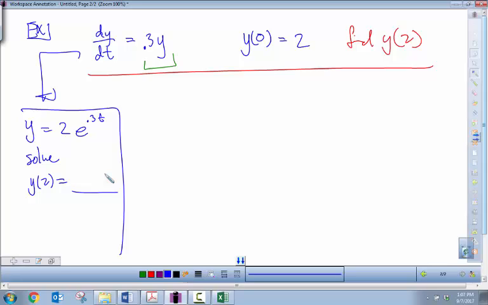But let's go through the process of Euler's method to see if we can get to this point in a reasonable number of steps. So we need an h. h is going to be the step size we're taking. We're going from x equal to 0 to 2, this is your final x value.